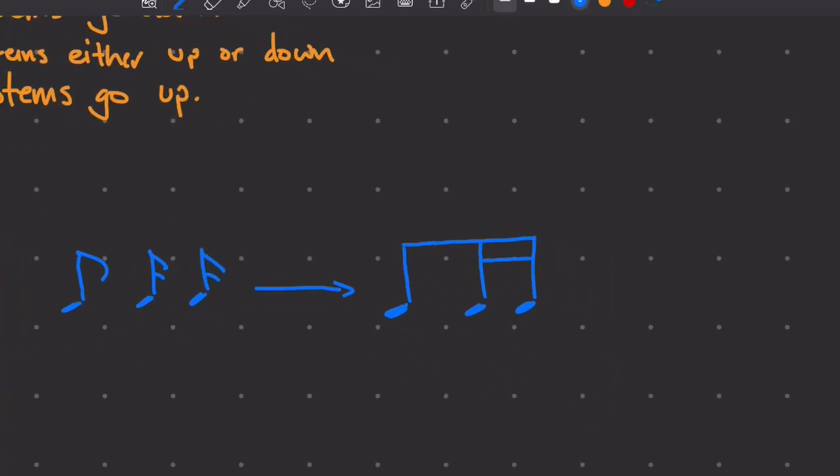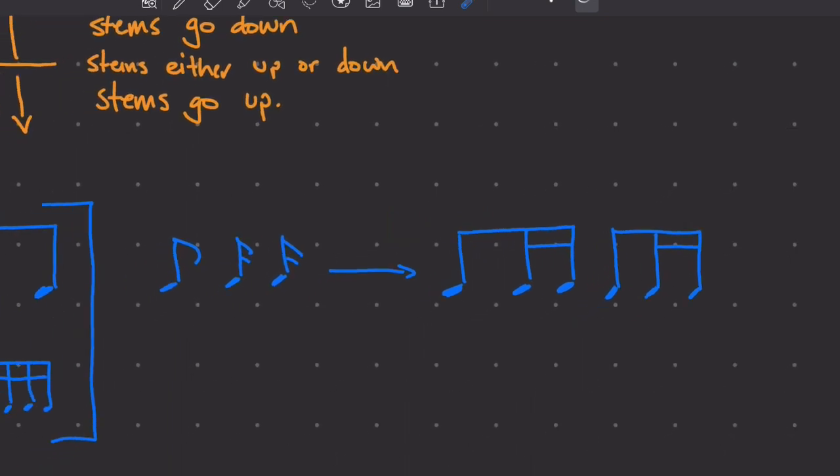If I were to write this as even beat groupings like this, it makes it more difficult to read. So try to give that little bit of extra space right in between these two so that we see that it's supposed to be an 8th note with 2 16ths.